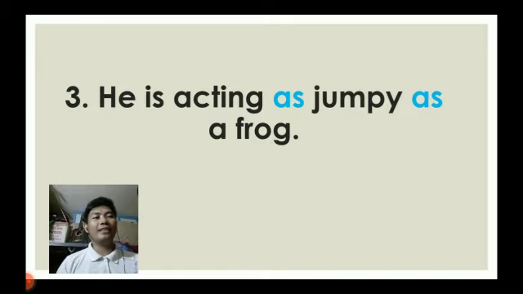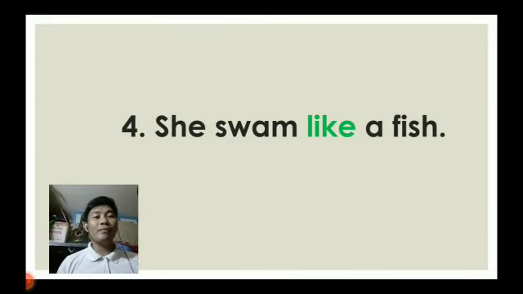So he is being compared to a frog. The last one, number four, is she swam like a fish. Here it compares two different things, she and a fish. I hope that it is very clear.